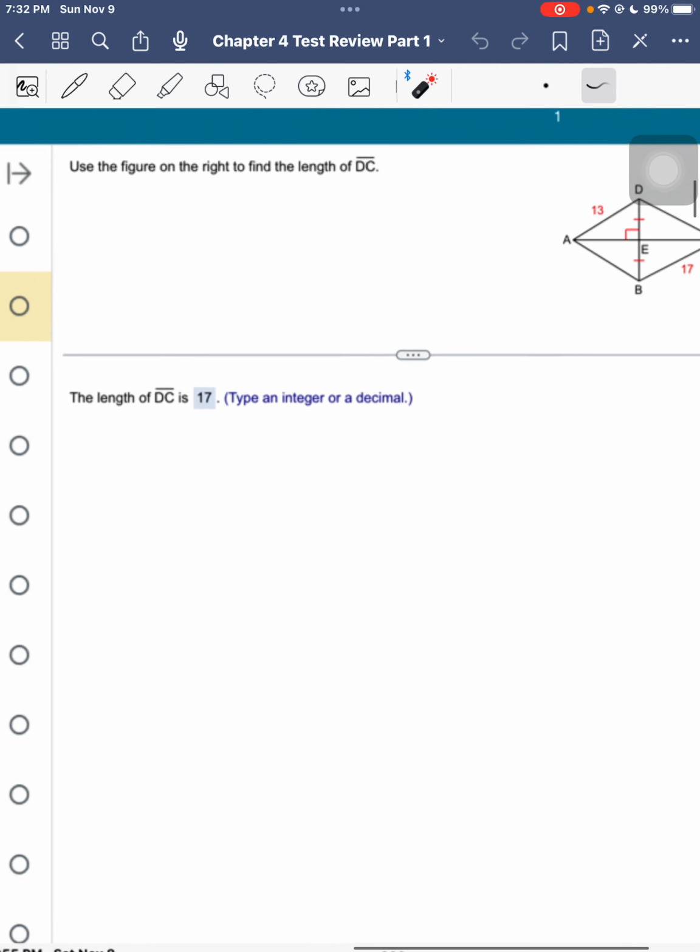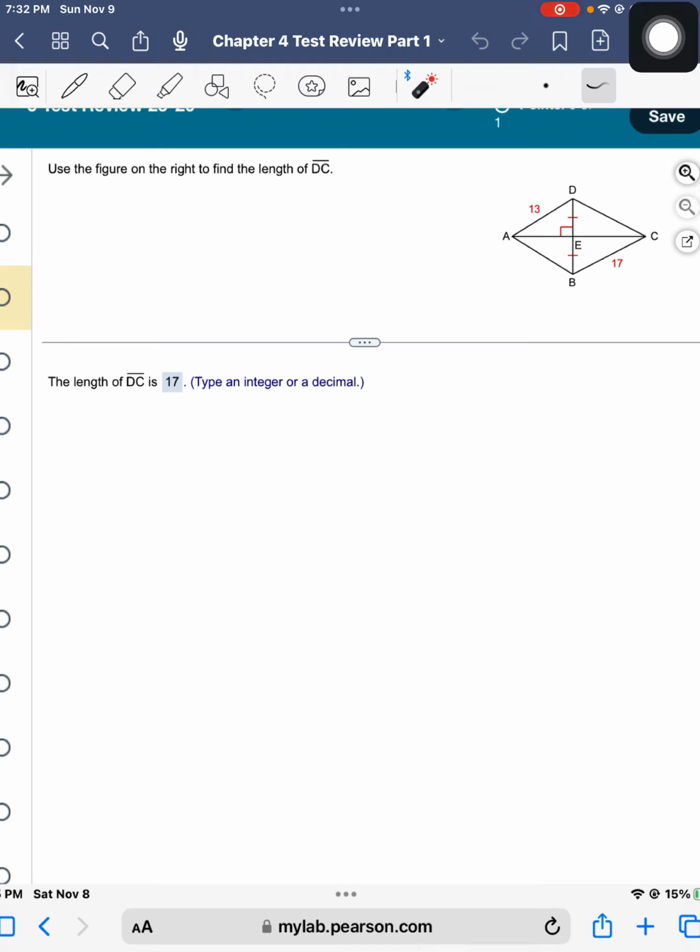All right. So use the figure to the right to find the length of DC. Remember the perpendicular bisector theorem, which tells me that if I have a line segment that is being bisected perpendicularly, the endpoints of that segment, let's say segment AB, are going to be equidistant to any point on the perpendicular bisector.